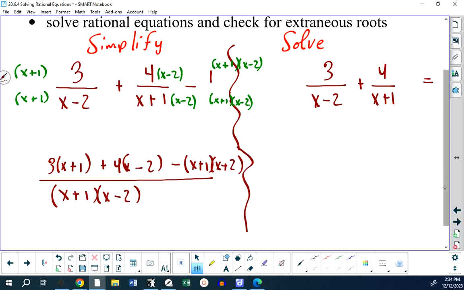That would be, it's not your answer because you have to multiply all that stuff out on the top and see what happens. That would be your answer. Your answer is an expression with a denominator.